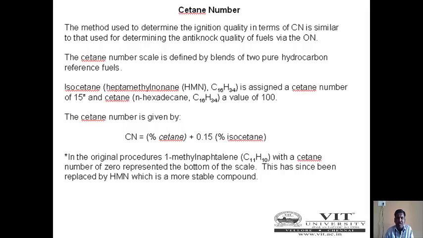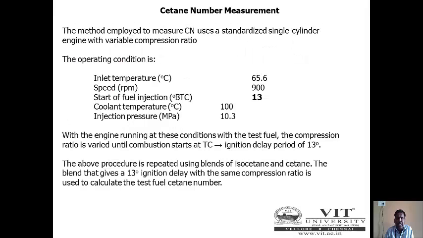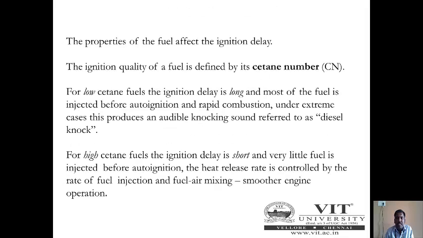The cetane number is the percentage of normal cetane plus 0.15 times the percentage of isocetane. The typical cetane number of diesel fuel is around 40 to 60. These are the conditions used to measure the cetane number with the help of a variable compression ratio diesel engine.